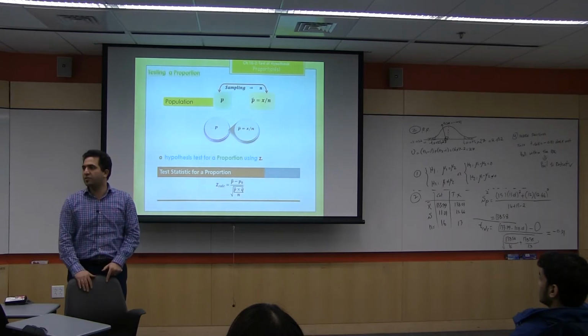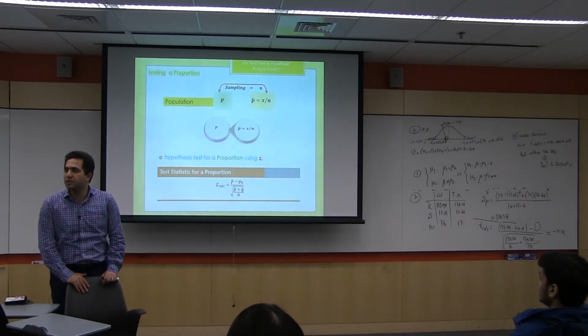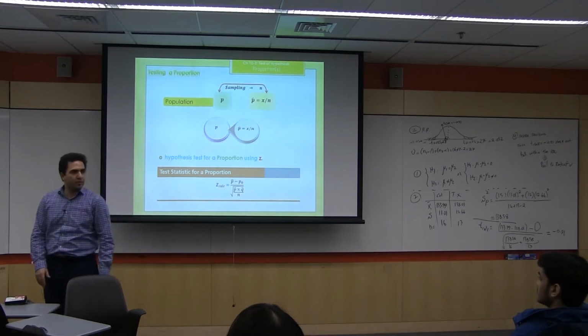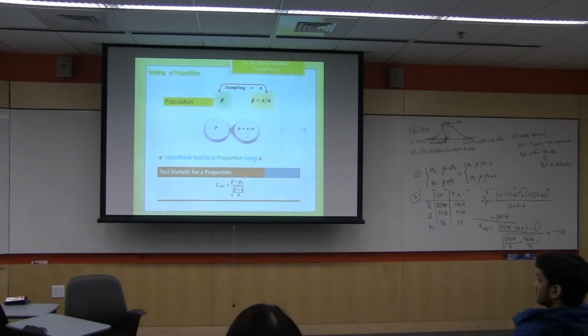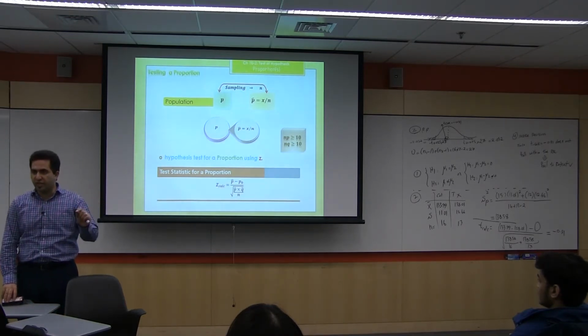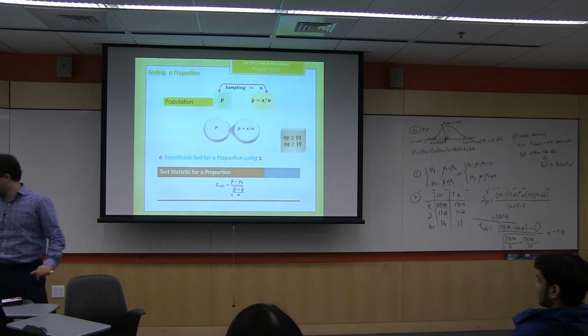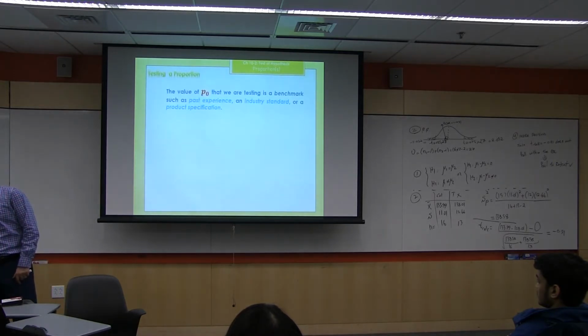So this is the value that you're testing, over the square root of p-hat q-hat over n. This is the way that we're going to run the test for the population proportion. So it's pretty simple, like normal mean. However, since we are using normal approximation, you always have to check np and nq to be more than 10 when sample size is pretty small. Yes, less than 30.